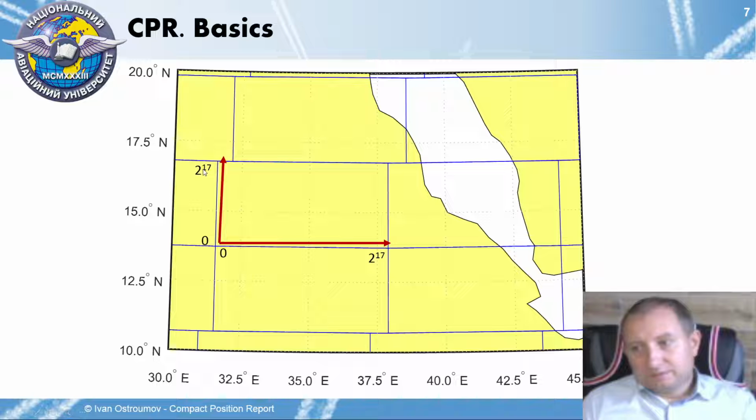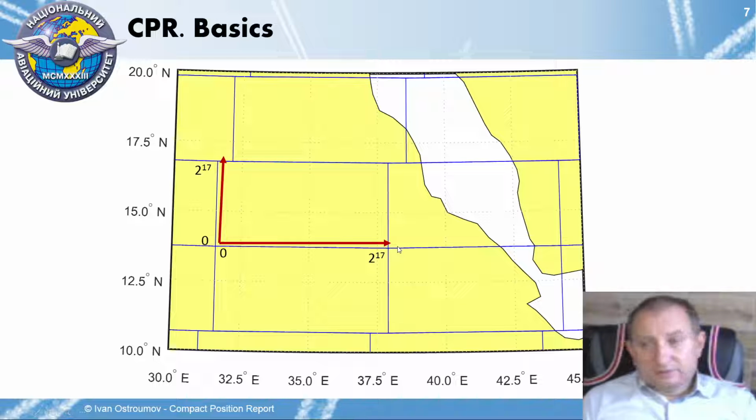If we have 17 bits of data, we just make the maximum number of one side of our rectangle 2 to the power 17. That's why this scale will begin at 0 and finish at 2 power 17. The same for longitude.